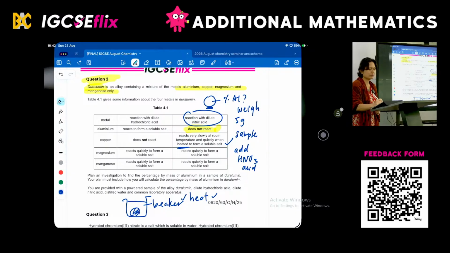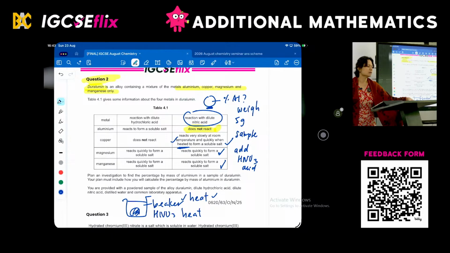Add the duralumin and acid, and I heat. Okay? Will my magnesium react? Yes. Will the manganese react? Yes. Will the copper react? Yes. Okay? So, once everybody reacts, what should be left only?